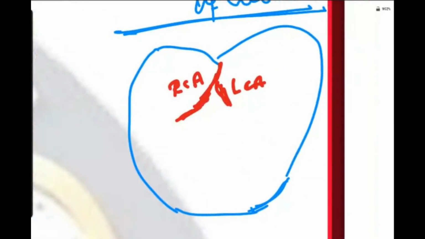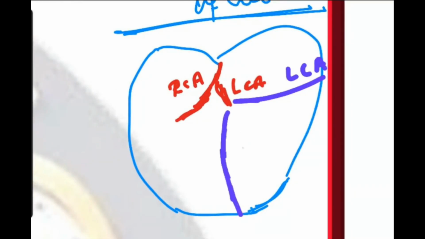What happens as soon as the left coronary artery is formed? It will divide further to give rise to the left circumflex artery and the left anterior descending artery. This is what you need to know.